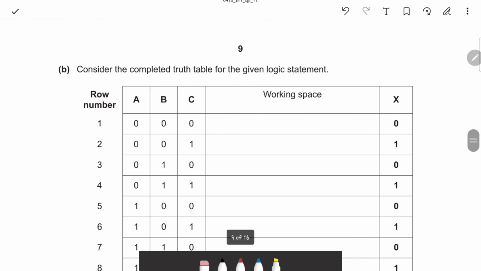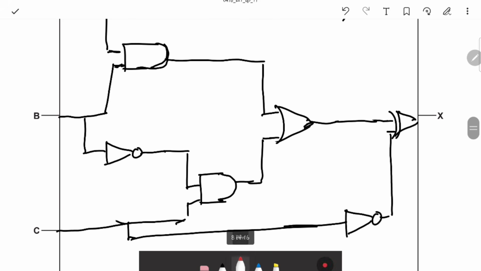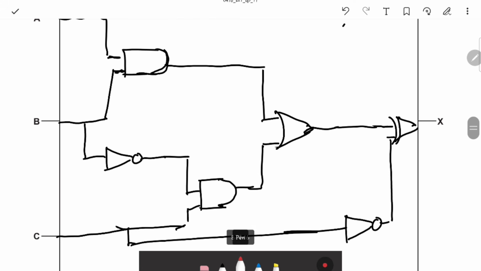Okay, it says consider the completed truth table for the given logic. Now for any of these working space questions, what you first do is label each logic gate. So I'm going to label each logic gate with a different color. This will be 1, this will be 2, this will be 3, 4, 5, and 6. It doesn't matter the order, you can go left to right, right to left.